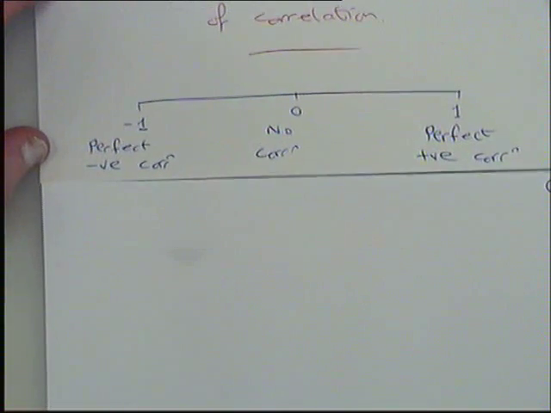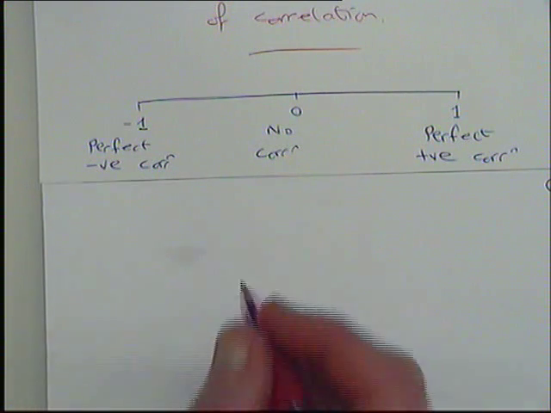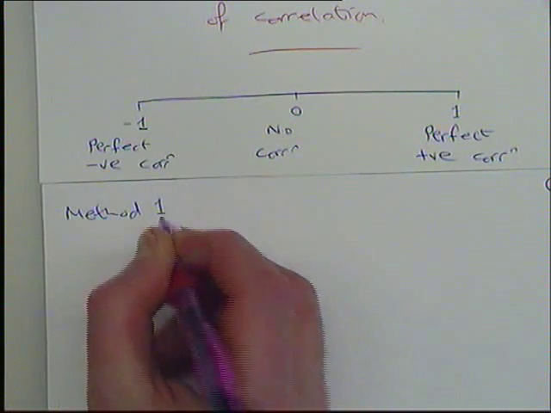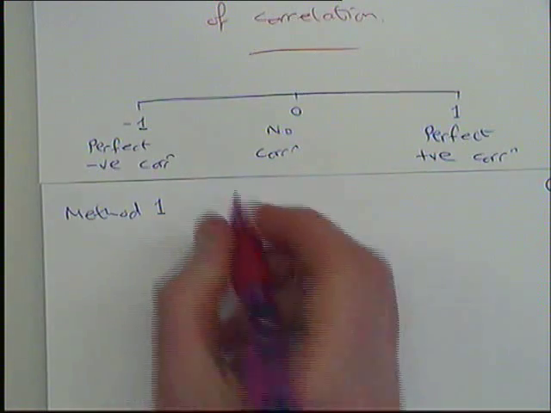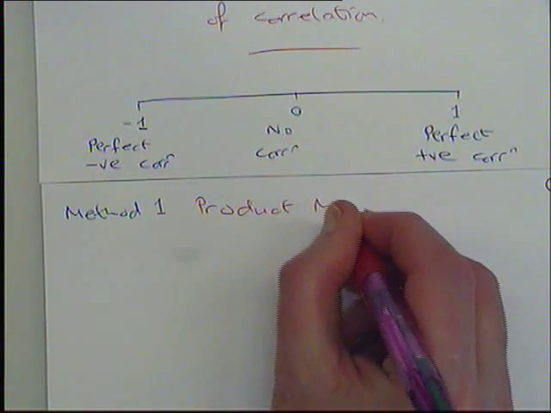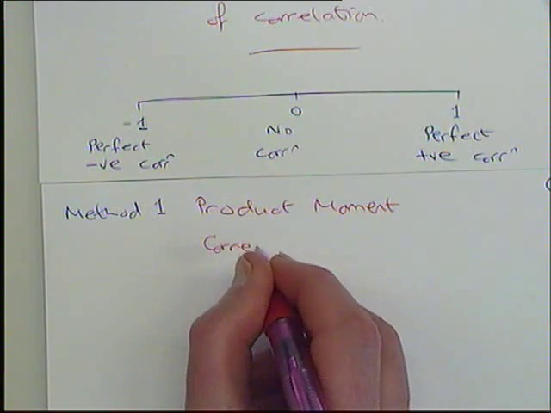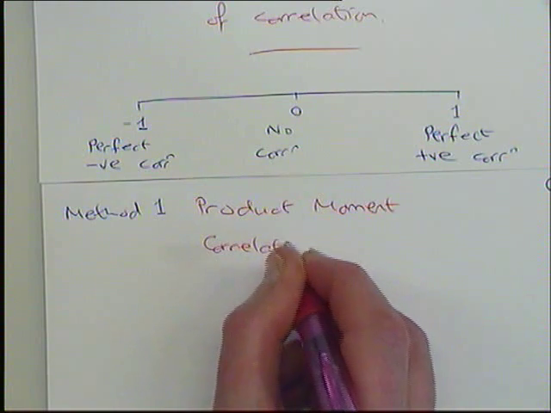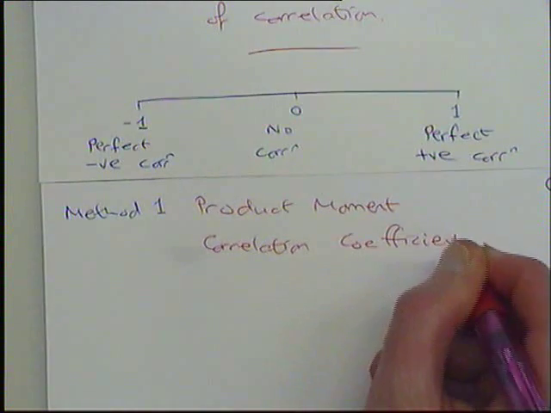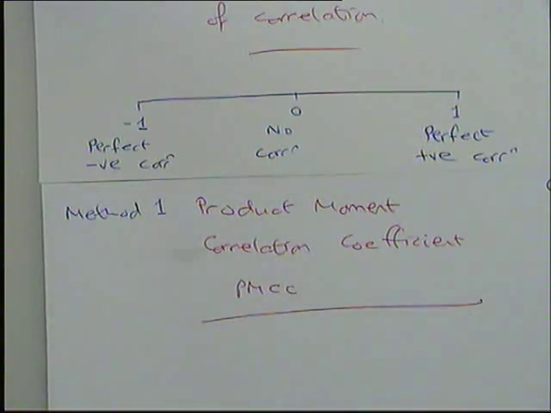Now, has anybody done correlation yet in psychology? Okay, some of you will at some point. There are two methods. The first method has got a really long name. It's called the product moment correlation coefficient, or the PMCC for short.